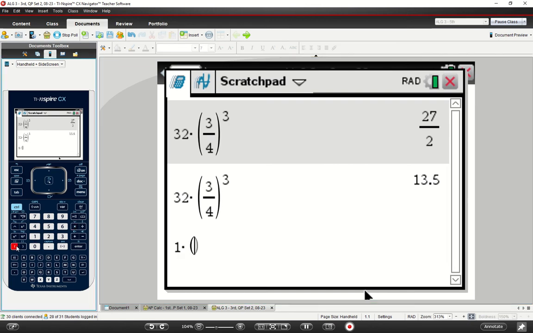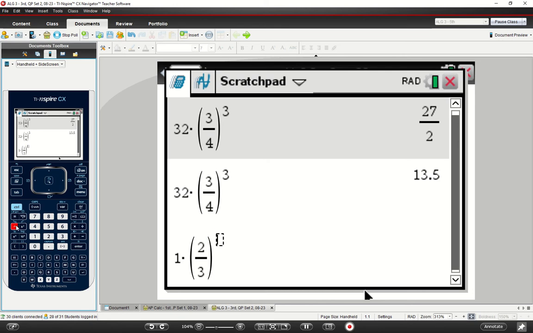Times, parentheses, control, divide, 2 over 3, close, caret. Now, let's just check to see what my calculator says. What would my 4th term be supposed to be? 16 over 81. Because that's what we did already on our paper, right?